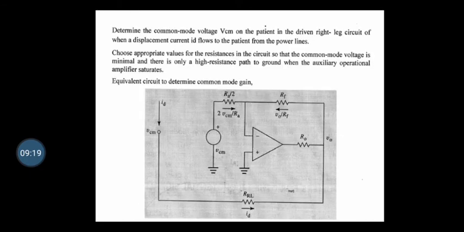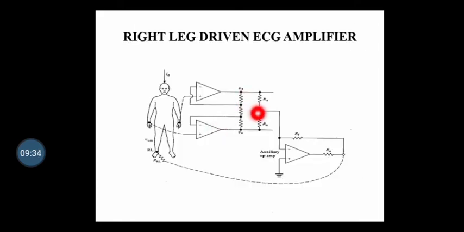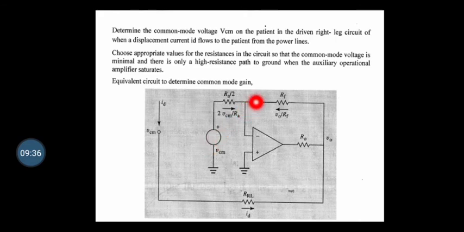Then determine the common mode voltage VCM on the patient in the right leg circuit when displacement current ID flows to the patient from the power lines. Choose appropriate values of the resistance. So the appropriate values will be chosen and the equivalent circuit drawn as shown here.